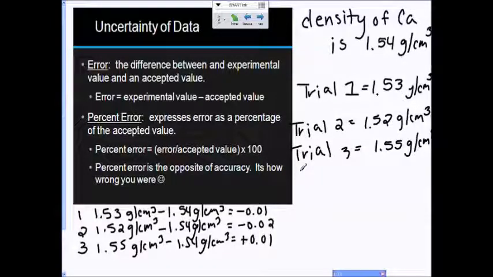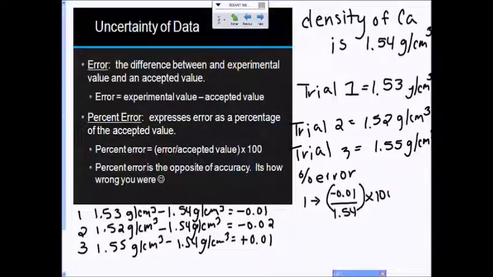Now, let's look at percent error. Okay? Percent error you have to do for each trial that you did. And so for trial 1, your percent error is going to be the error you had, so negative 0.01, divided by the accepted value, 1.54, and then you multiply those by 100.